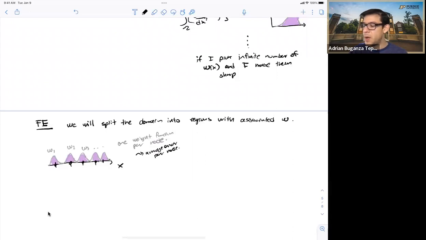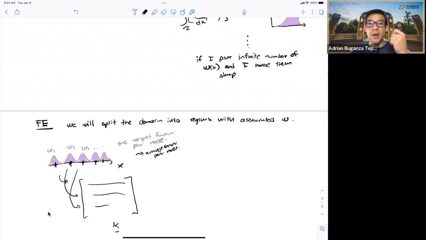So we're basically calculating average error per node. And you'll see that each one of these W's will correspond to a line in our big K matrix, a line in the stiffness matrix. So every W gives us one equation.